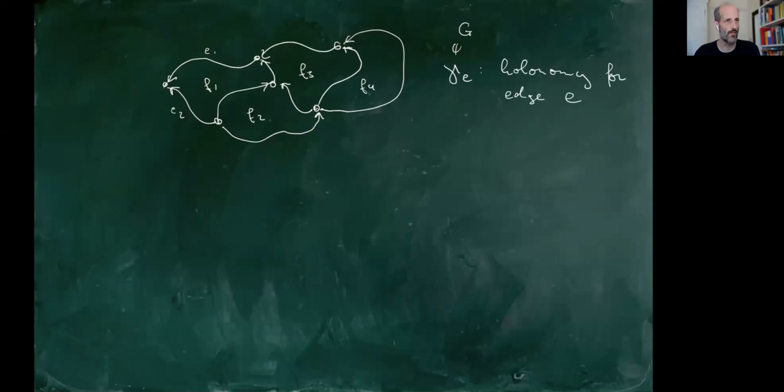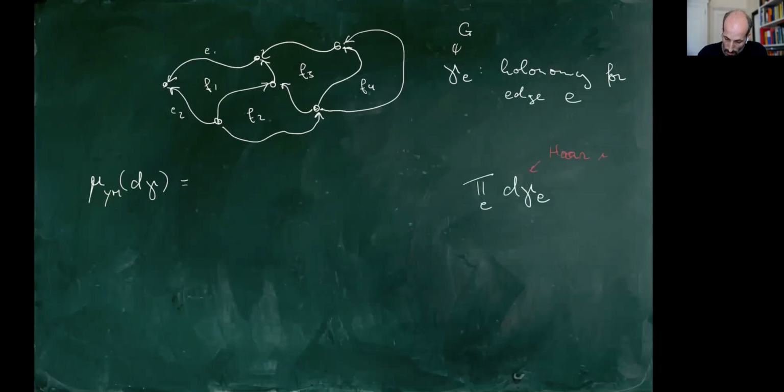For every edge, I want a random element of G. And the way this works is, mu Yang-Mills of d gamma is going to be the following. As reference measure, you simply take the product of the Haar measures. So for every edge, you have d gamma E, and this is really just a Haar measure on G.